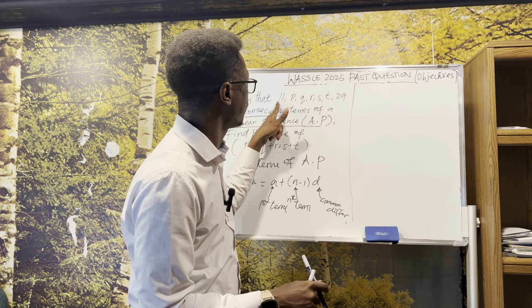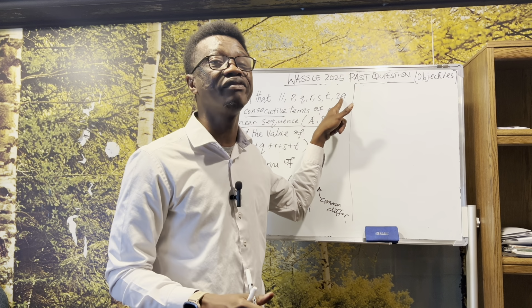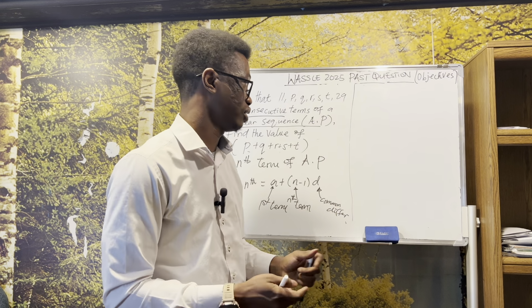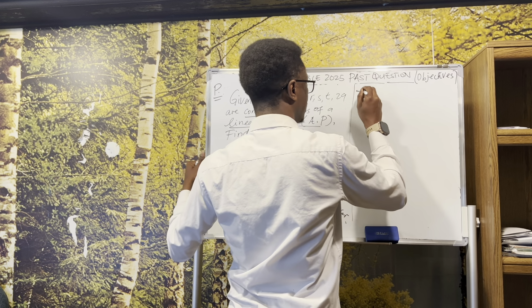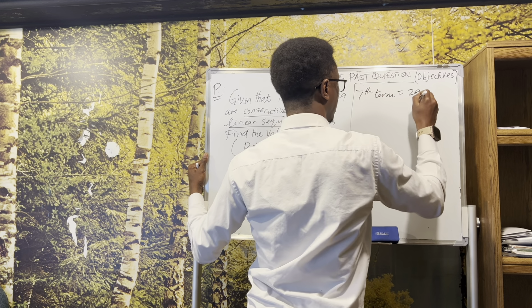If this is the first term, this is going to be the second term, third term, fourth term, fifth term, sixth, and the seventh term. The seventh term is equal to 29.